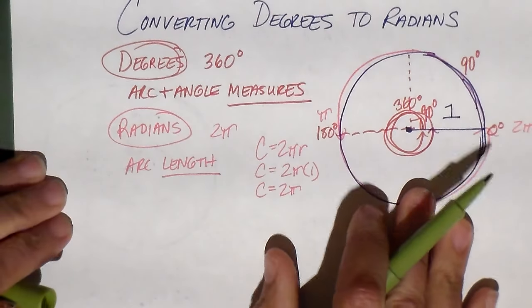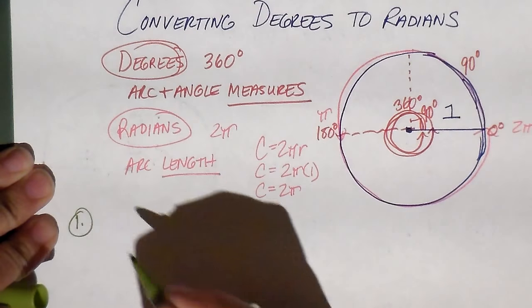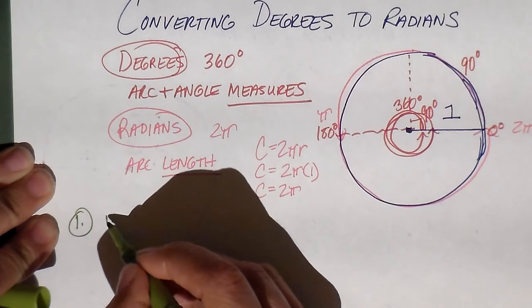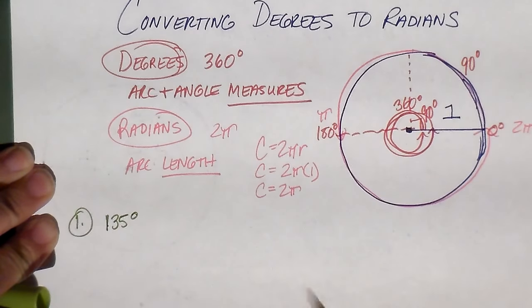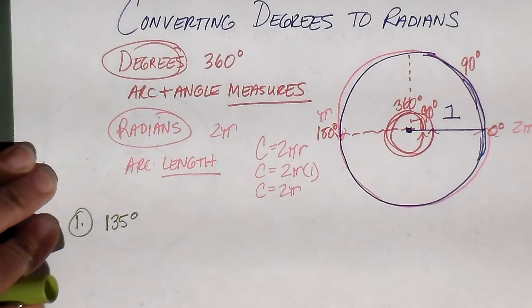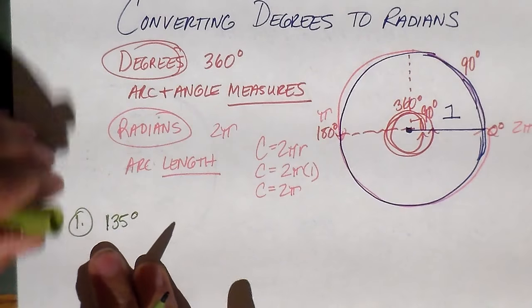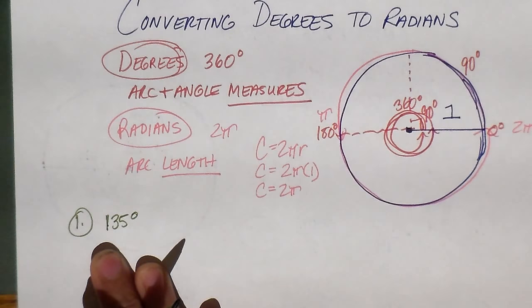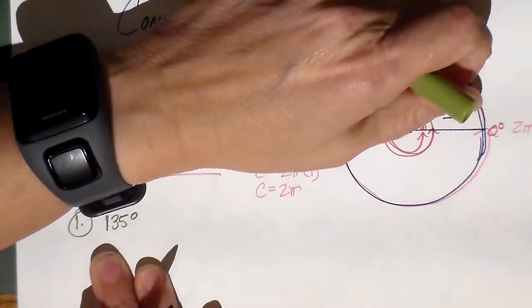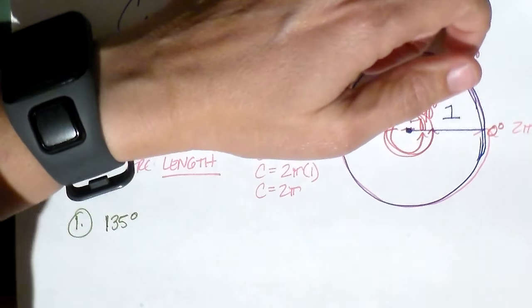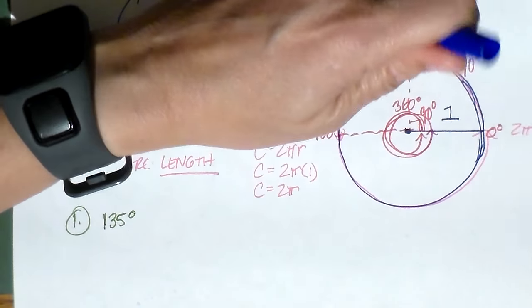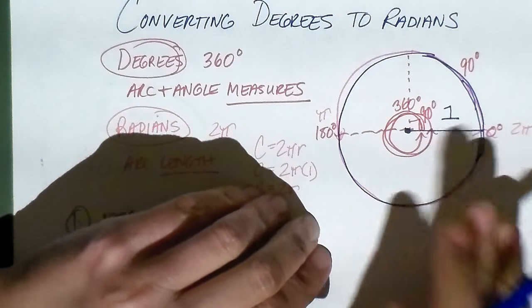All right, so number 1, let's say I've got 135 degrees, okay? And I want to convert 135 degrees from degrees to radians. Now, keep this in mind. I'm going to do an example. I did this example on the conversion from degrees to radians to degrees also.